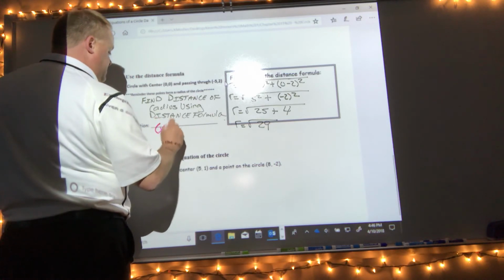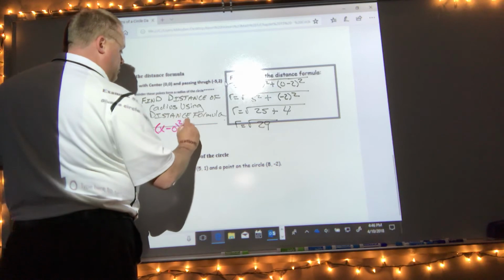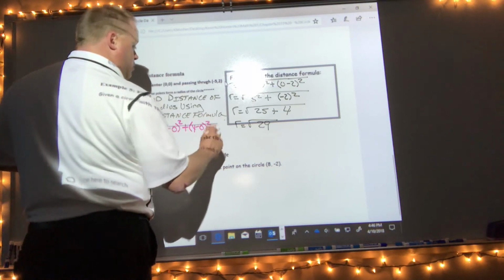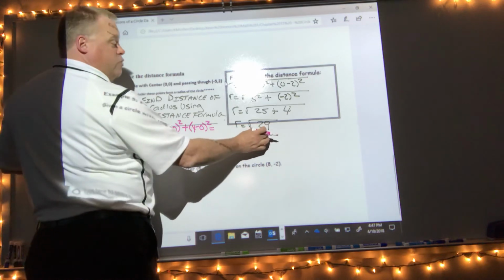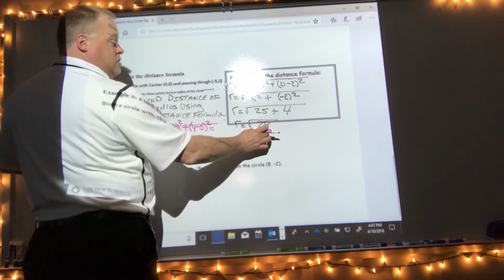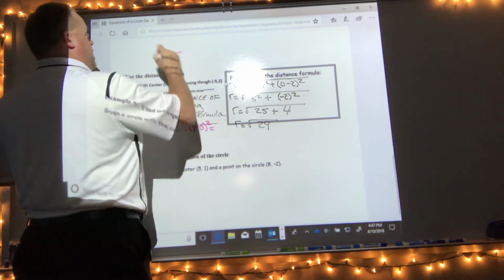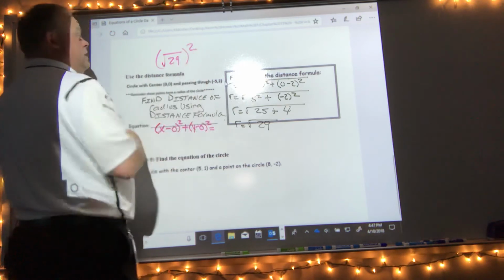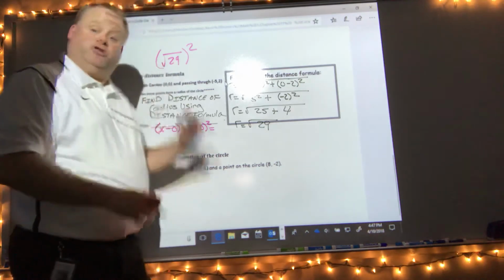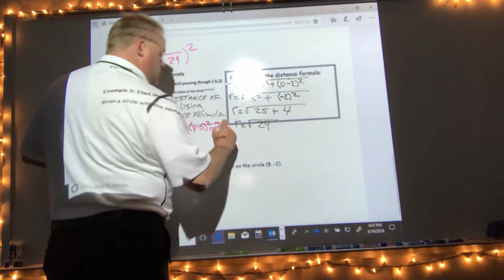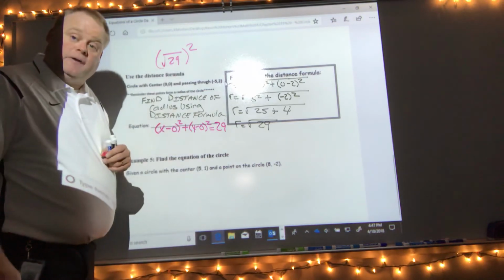X minus 0 squared plus y minus 0 squared equals my radius, the square root of 29. Well, what's this squared? If I take the square root of 29 and square it, and you put that into the calculator, you're going to get the value, you guessed it, 29.